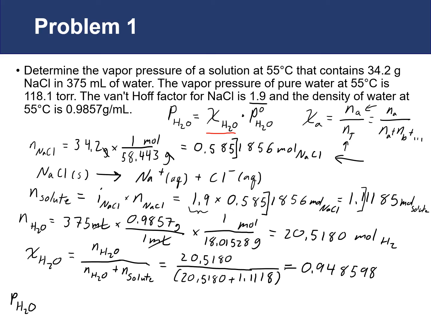We can now apply this back to our original equation: the vapor pressure of our water in the gas phase for our solution would be equal to the mole fraction of water times the vapor pressure of the water if it was pure.